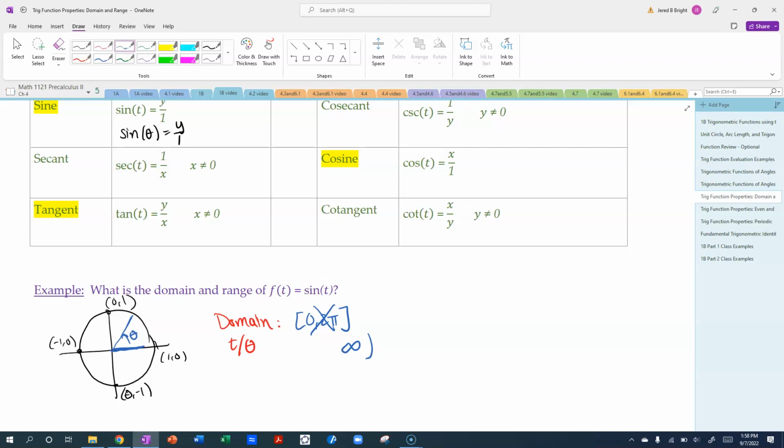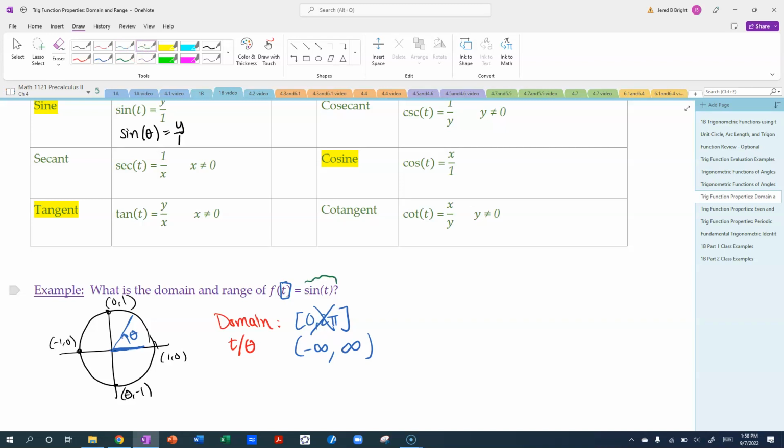In the same way, I could go around the circle clockwise, which would be the negative direction, as much as I wanted to as well for the angle. So that makes the domain all possible angles, all possible arc lengths, negative infinity to infinity. Again, domain is all about that input.